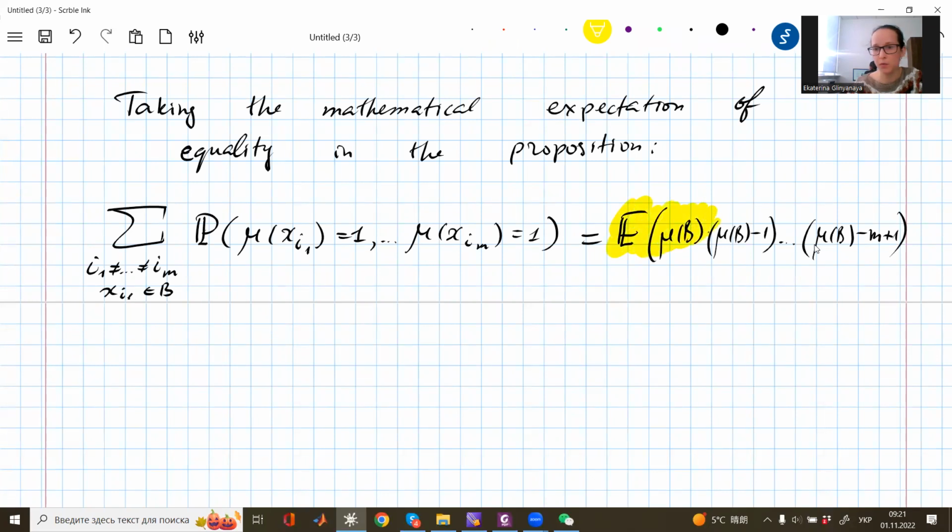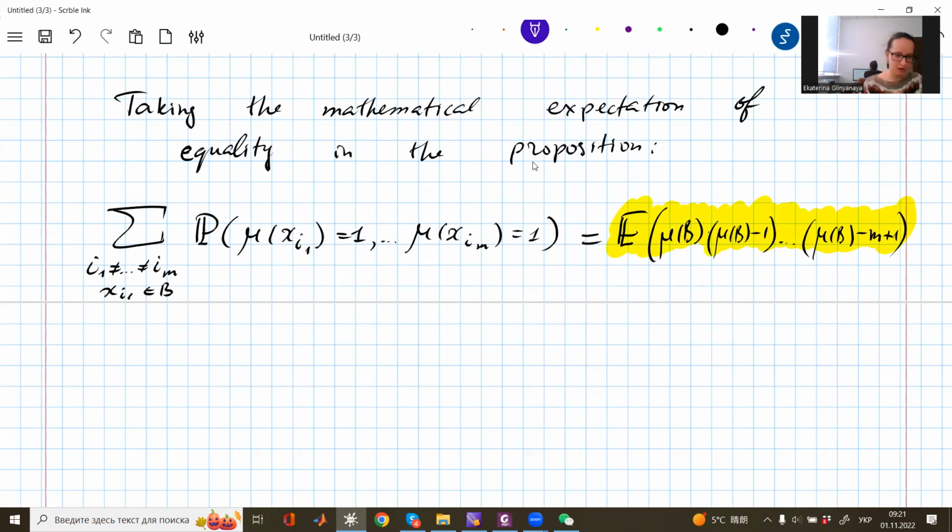This we will call the moment of the factorial measure. So let us give the definition. We'll give the definition of the factorial measure and of the moment of the factorial.